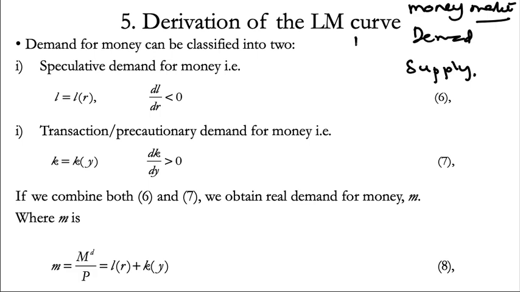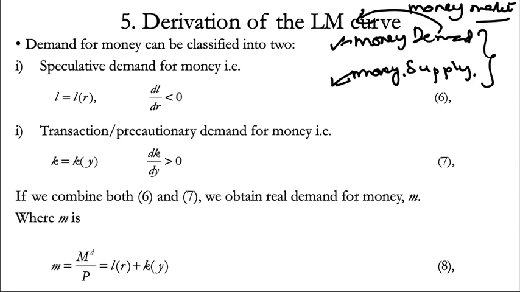That means we have money demand, and we also have money supply. Because we have these two things, we learn them separately and then we combine both of them to derive the LM curve, schedule or relation.